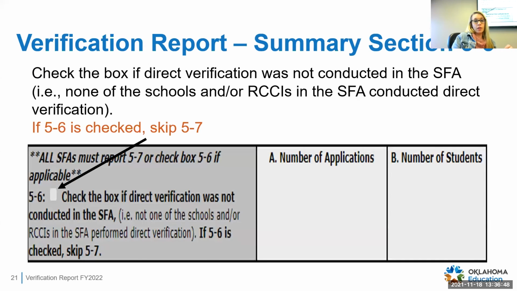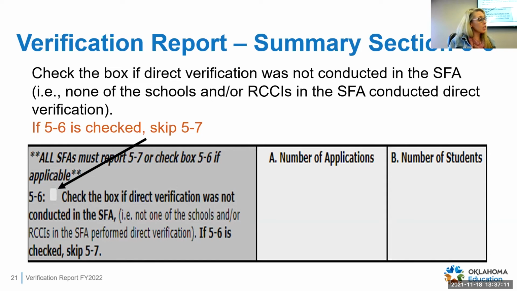Oh, sorry, right there. Yeah, was not. All we know is everybody always does this wrong. Right. So they always think it's direct certification. So again, thank you so much for correcting me. I appreciate that. If you did not do direct verification, then that's when you'll select that box.